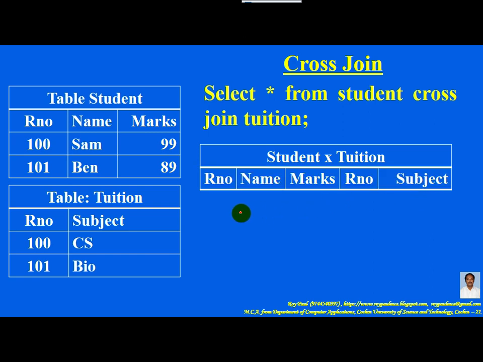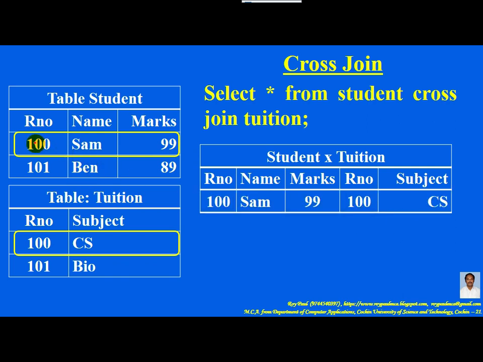Now, how do you write each and every output row? Each and every row of the first table should be concatenated with each and every row of the second table. So I am going to concatenate the first row with the first one. So this one concatenated with this one should be written here. Again, the first row should be concatenated with the second one and it should be written here.